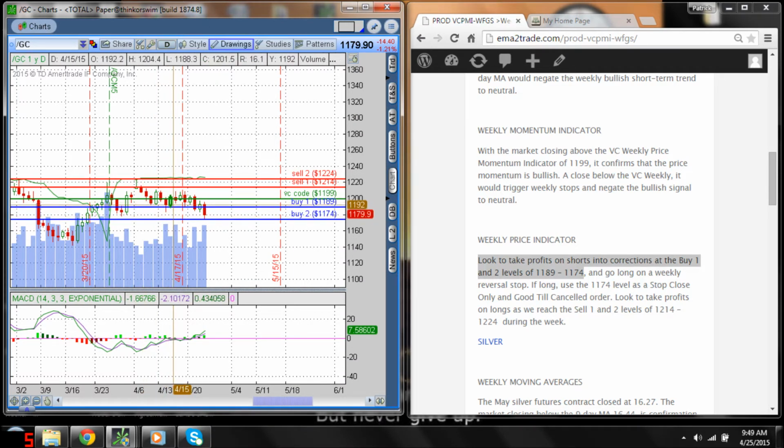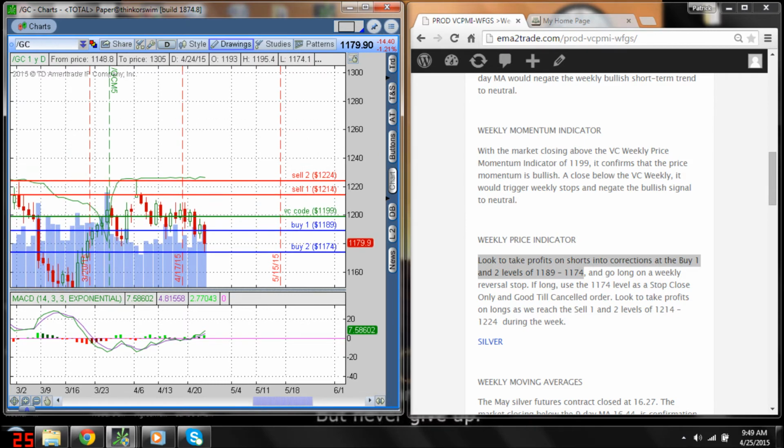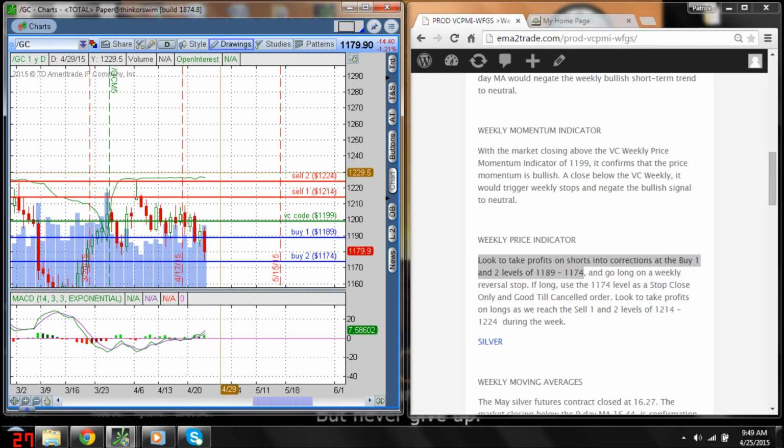By Wednesday, it activated the buy one level of 1186, and the prior day we came down into that code of 1192, which coincides with 1199 on the weekly, which coincides with the 1192 daily code that you see here.